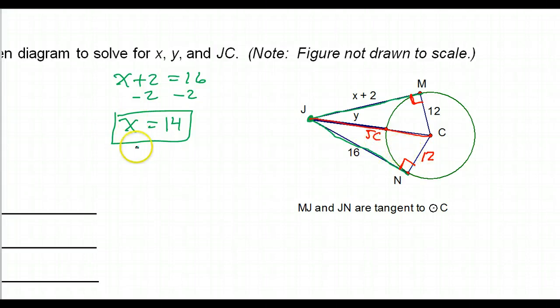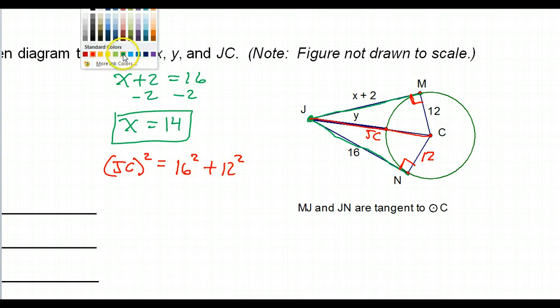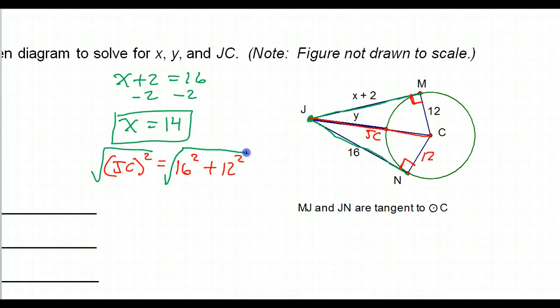So doing the Pythagorean theorem will look like this. JC squared is going to equal 16 squared plus 12 squared. So if I want to solve this, I'm just going to take the square root of both sides. So that's going to give me JC right away.